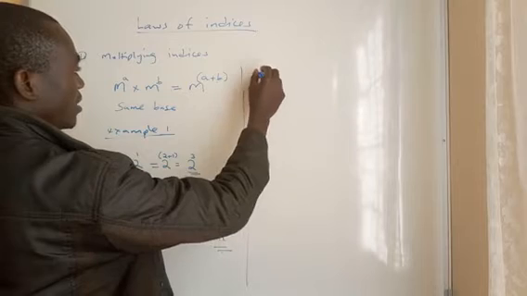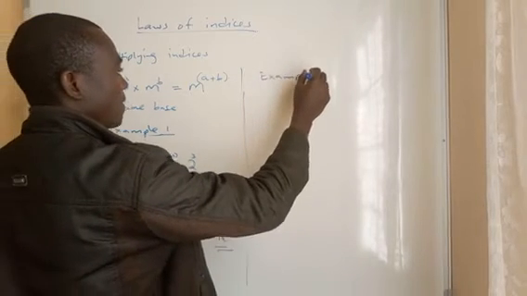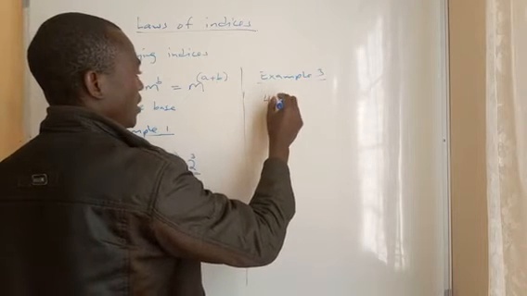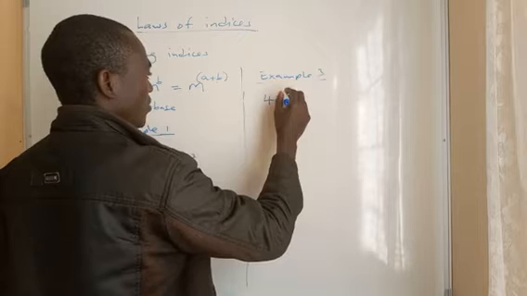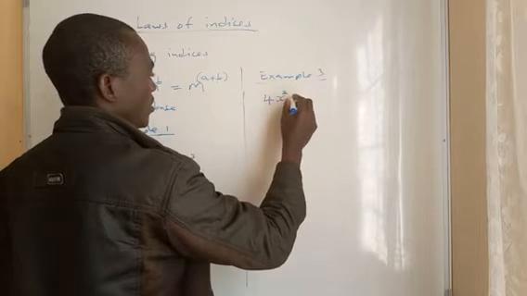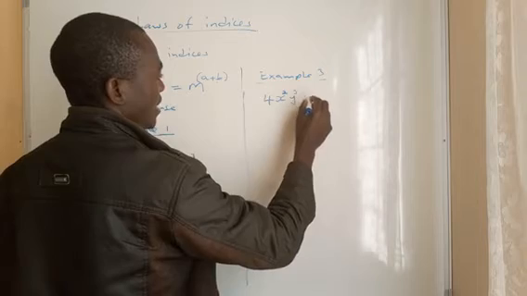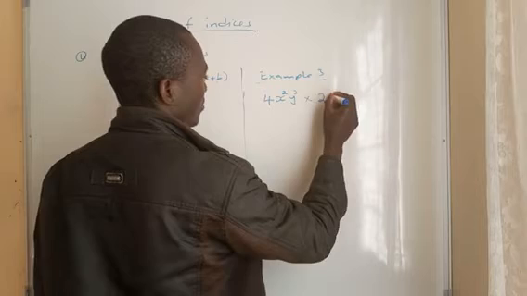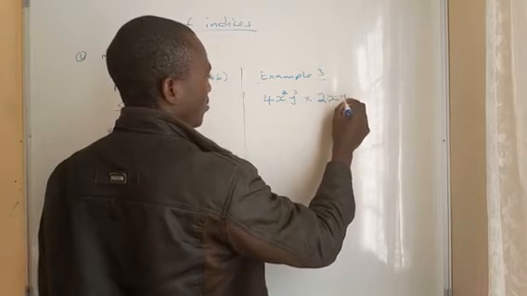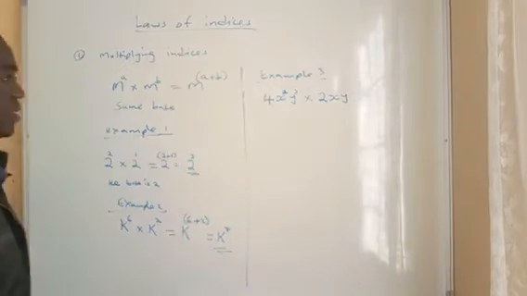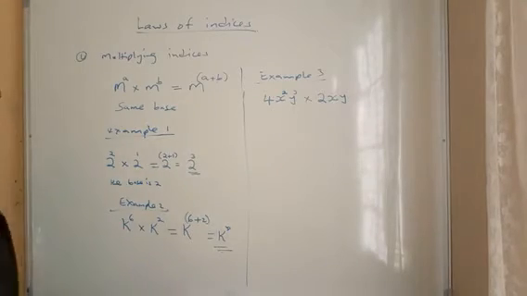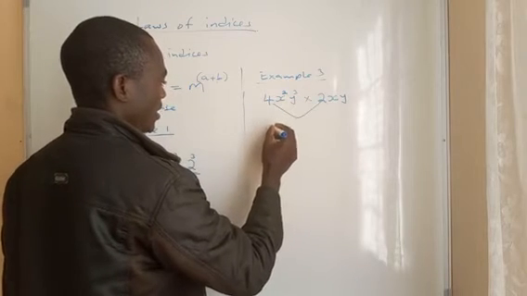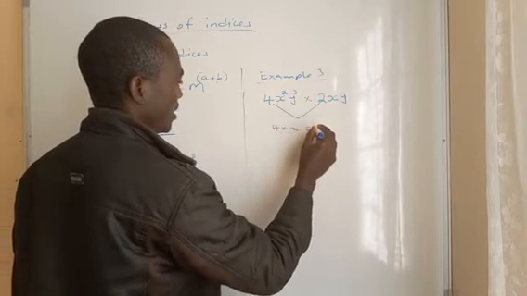Example 3. If I have, for example, 4x squared y cubed times 2xy, what will be the answer if we use the law of indices? This is multiplication, so we deal with the numbers first, separately. 4 times 2 is 8.